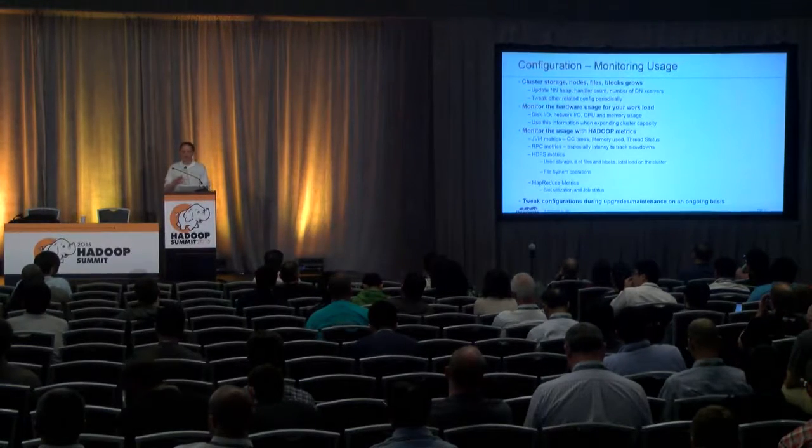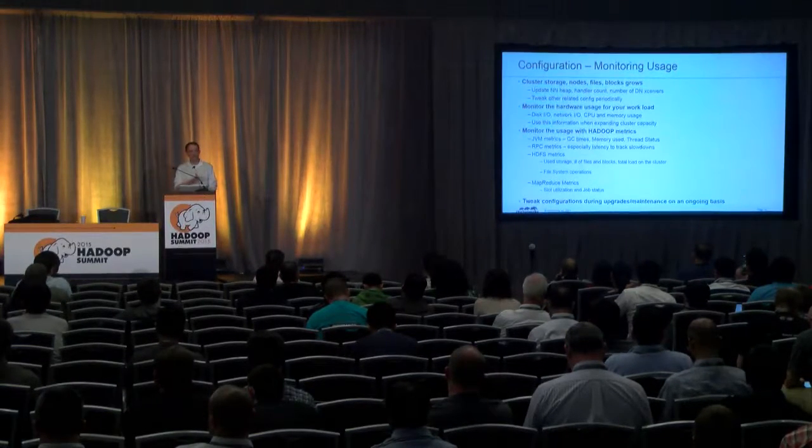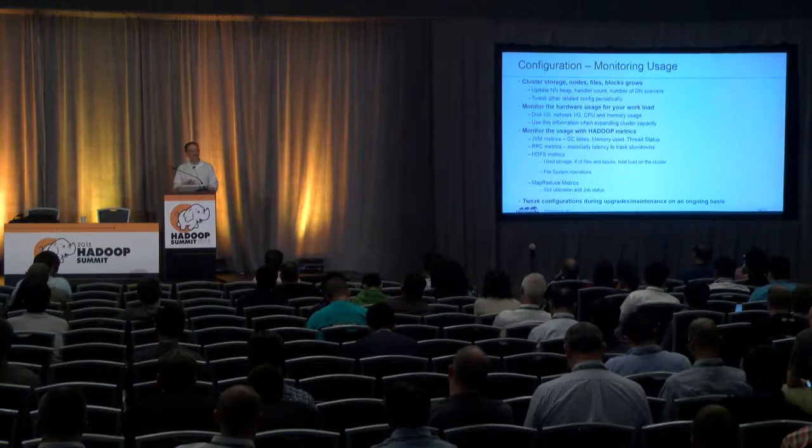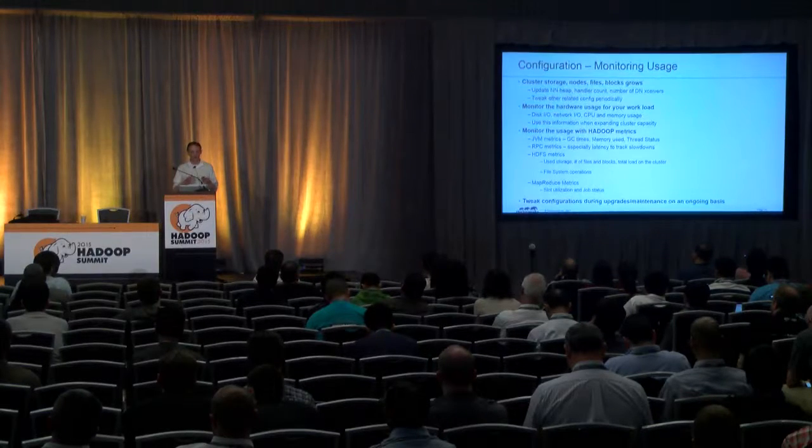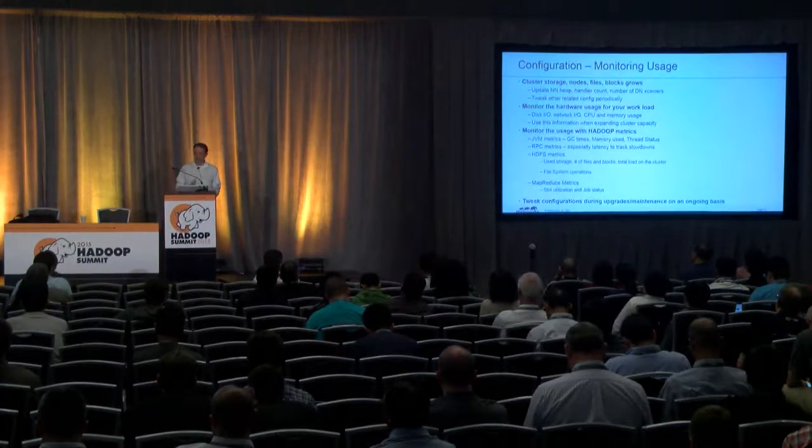We recommend monitoring hardware usage for your workload over time. This is going to tell you when it's time for your next purchasing decision, if you need to expand a cluster, and whether you need to make any adjustments to the hardware profile that you're buying. Do you want to go heavier on disk, or heavier on RAM, for example? Hadoop does expose an awful lot of metrics.